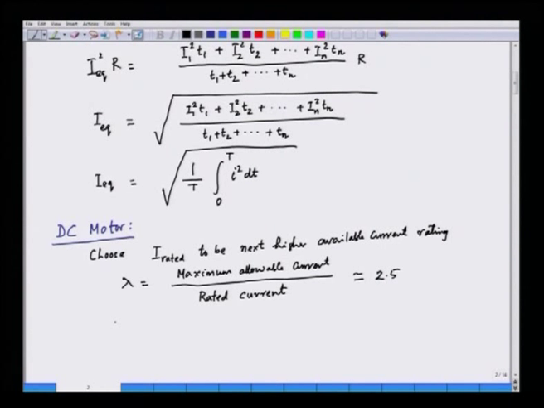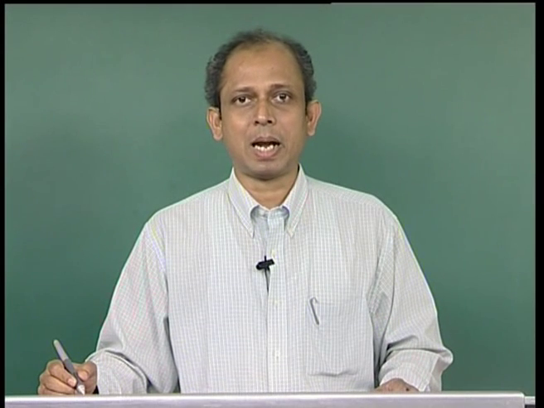So, check in that case if lambda is higher than I maximum by I rated selected. So, lambda is 2.5 and I maximum in this case should be such that the actual value should be less than lambda.